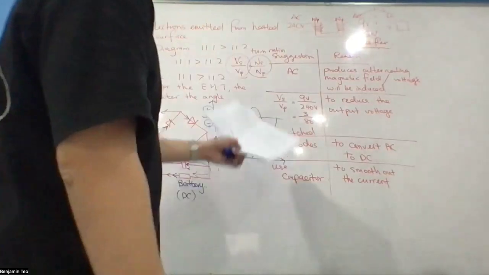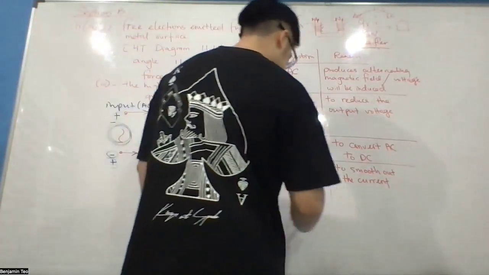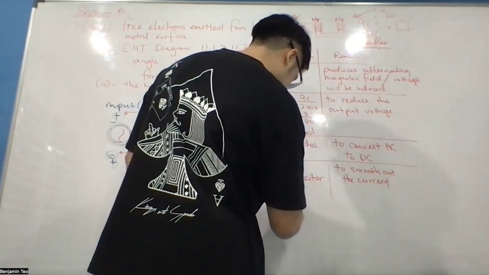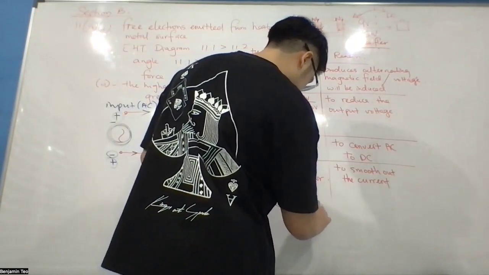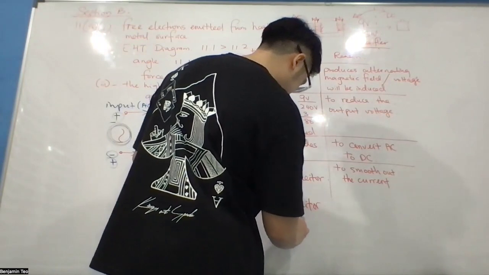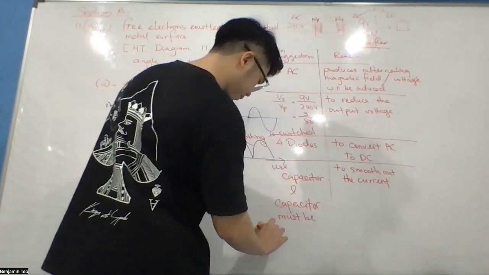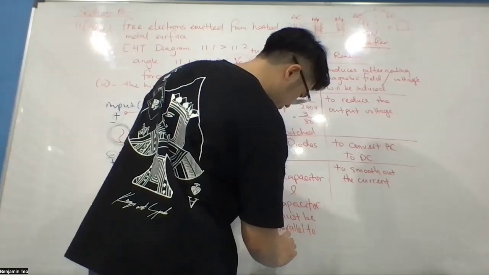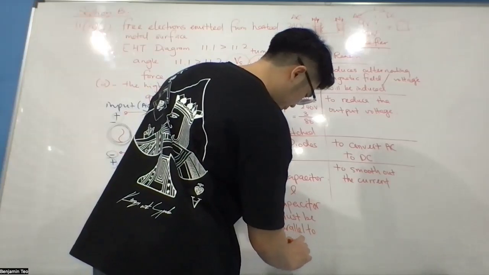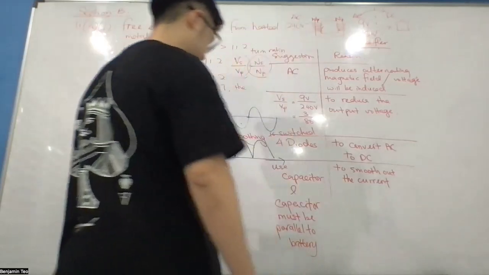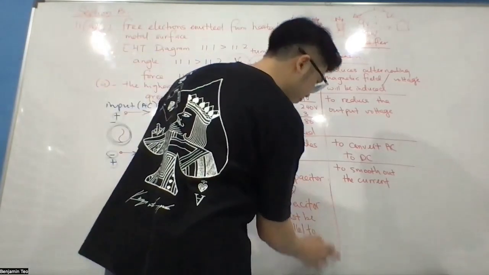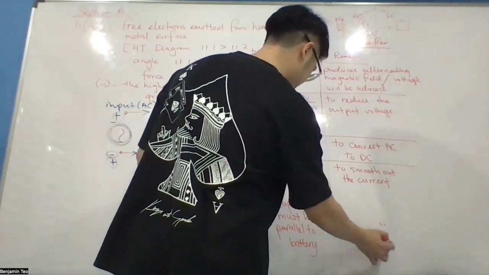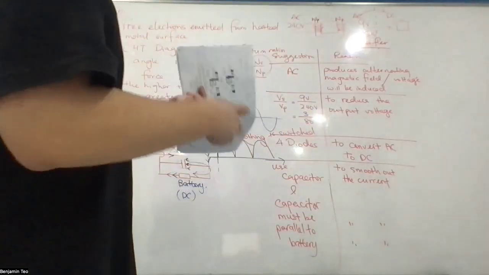Last point: you can also add a capacitor parallel to the battery. Same reason. Smooth out. Okay, enough.